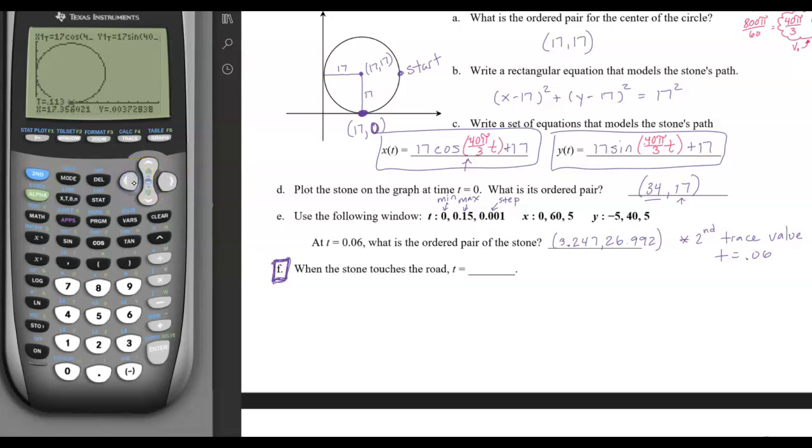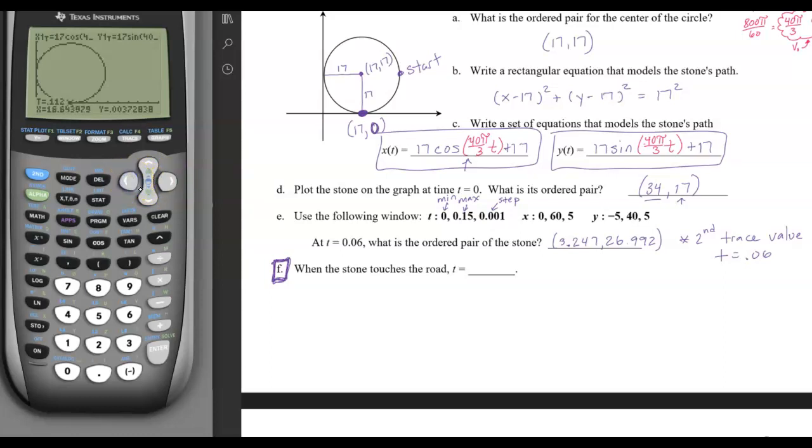So you see how from this point to this point, I have the same y value of 0.0037, and then after that second 0.0037, I start going back up. What this means is I need the t value right between those two points.